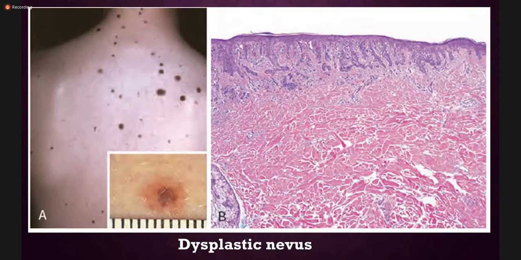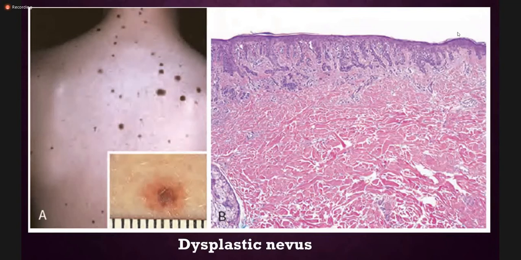As you can see, there are a number of nevi present on the back of the person, and these are variable in pigmentation. So the pigmentation is not uniform. In some places it's darker, in some places it's lighter, and it has some shoulder effect. And you can see the pigmentation is extending beyond the main lesion.